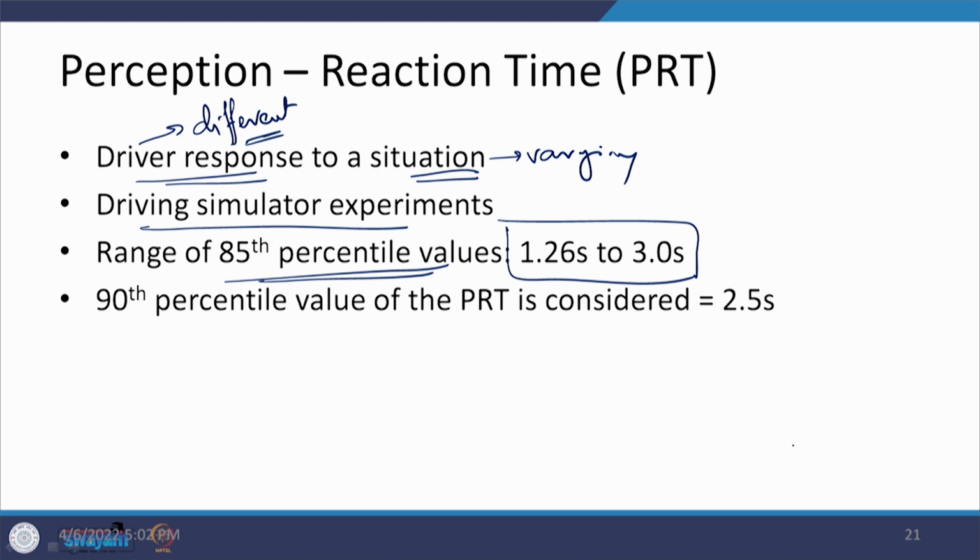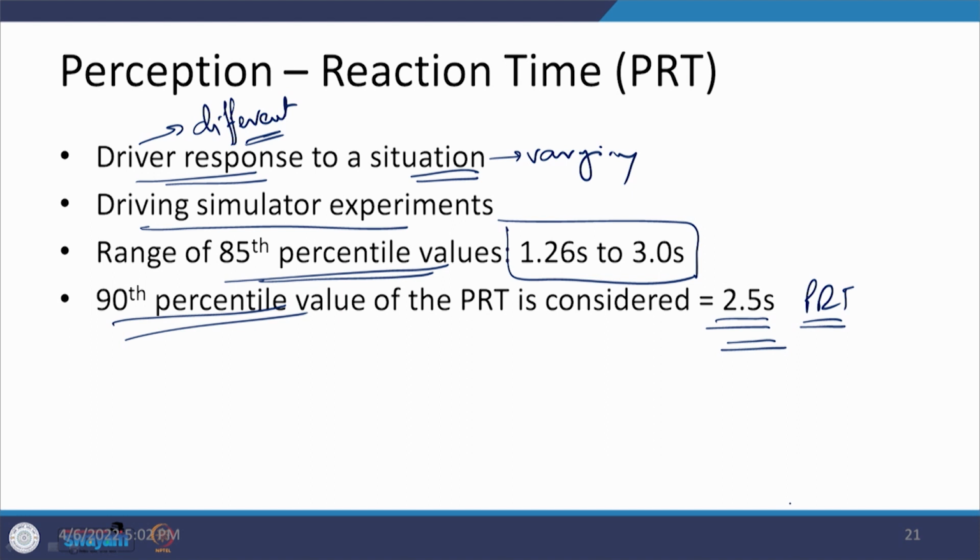And within that, it has been observed that if we consider 2.5 seconds, then 90% of the cases are going to be covered by this 2.5 seconds, and that is the reason why this PRT is being considered as 2.5 seconds in our analysis when we are going for sight distance calculations. So this is regarding the perception reaction time.